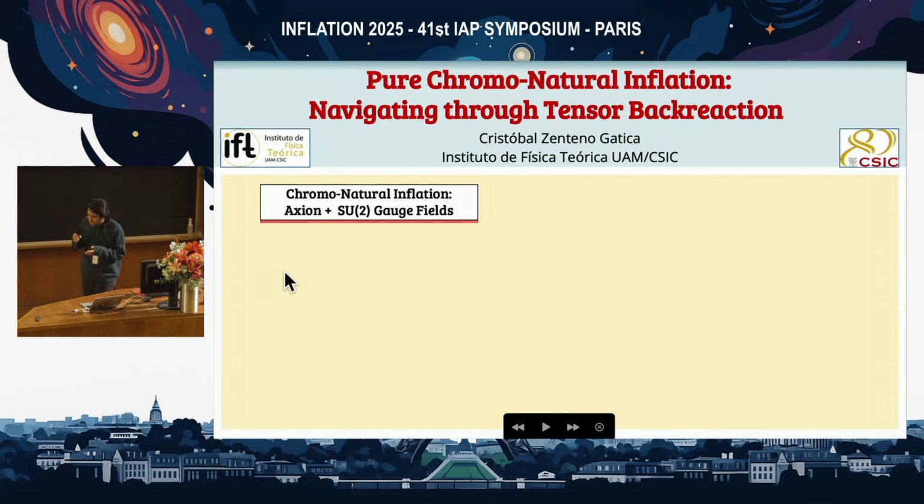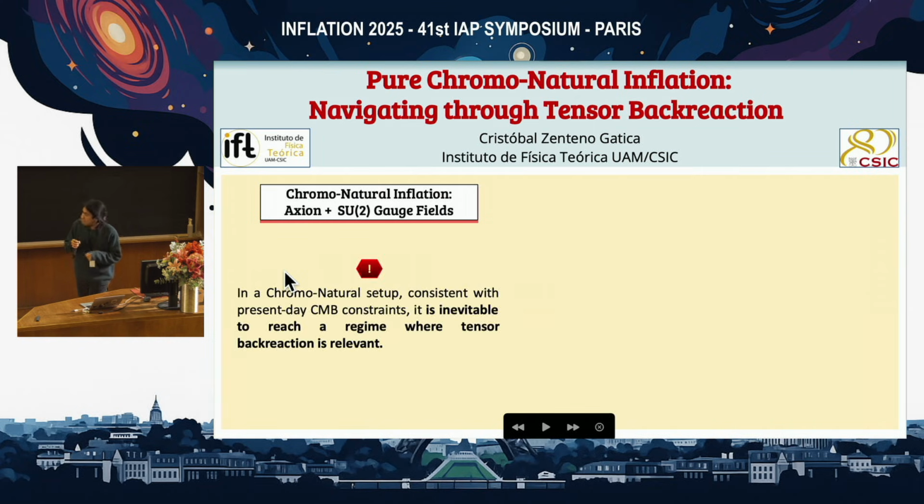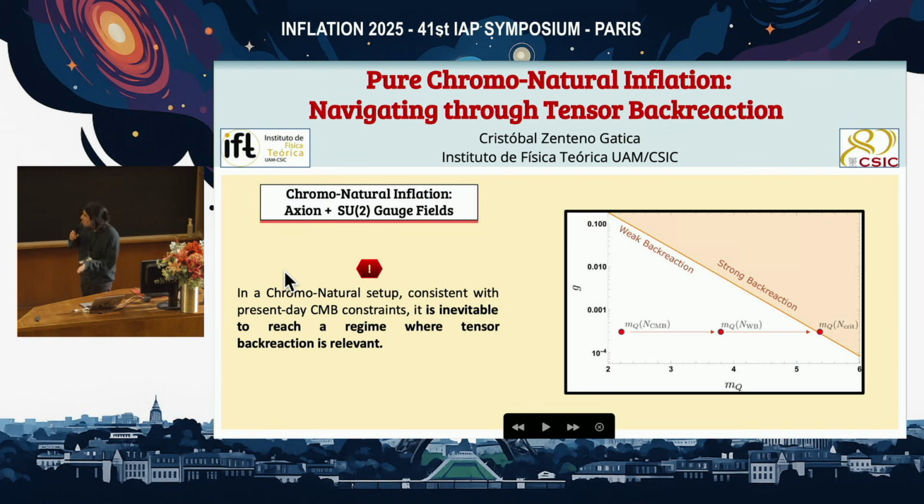Some of them are the chiral tensor modes and so on, but there is a nice challenge or issue: it can be proved that almost all chromonatural setups that are consistent with CMB constraints almost inevitably reach a regime where the tensor back reaction has to be taken into account. This is really simple to explain.